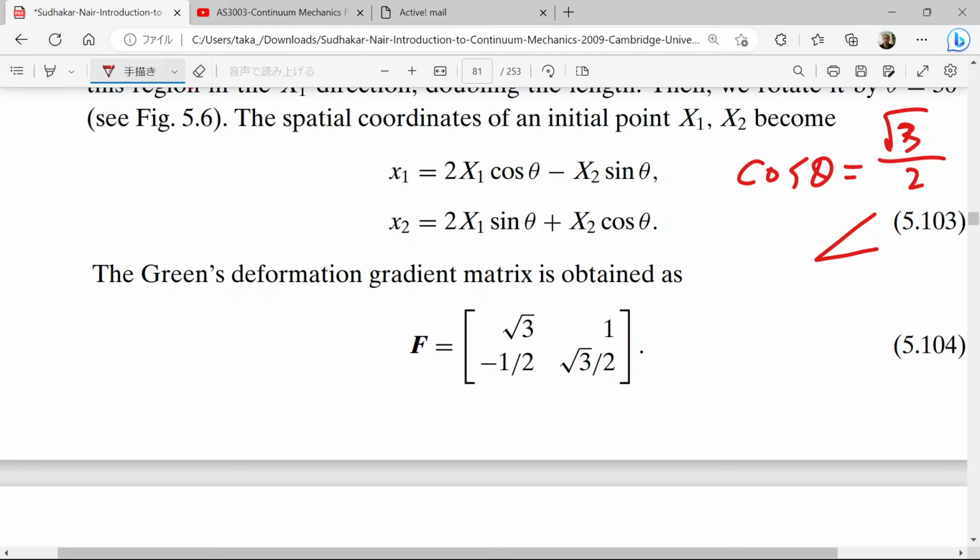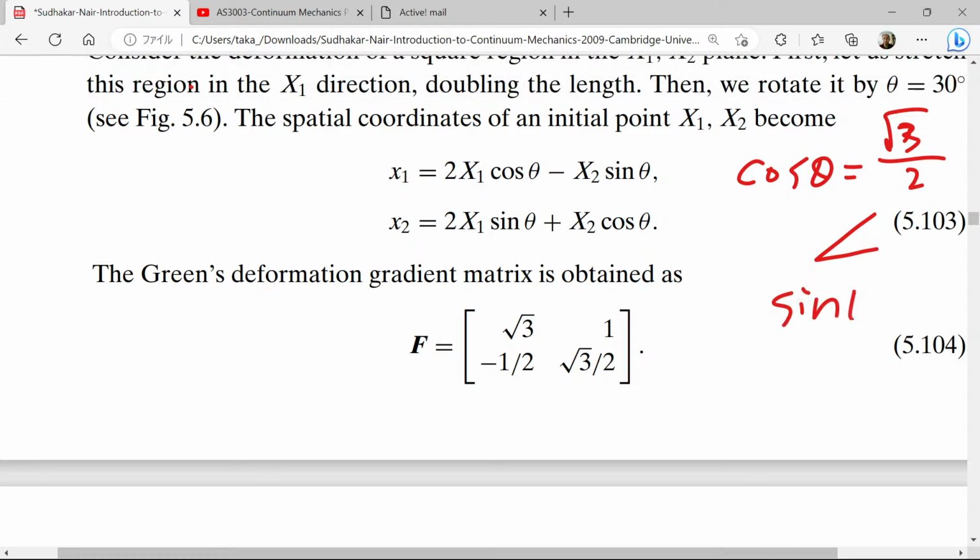Sine theta is 1/2. So you have here square root of 3, square root of 3, and this is 1/2, 1/2, 1/2, right?